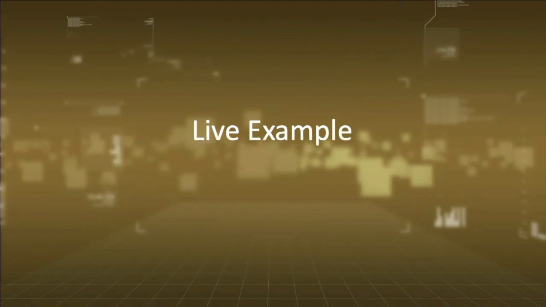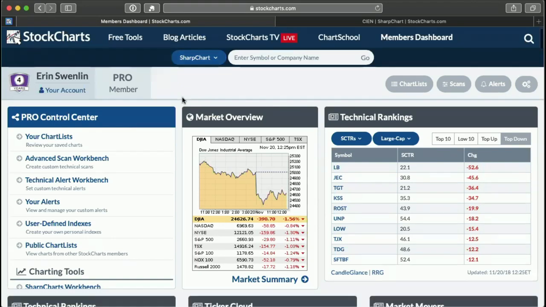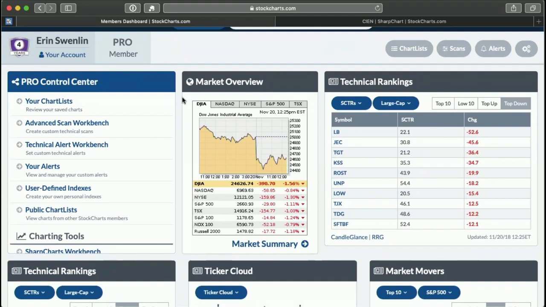I'm going to start us right here at the member homepage. Like I said, we're going to do an example of looking at an index specifically and then looking at the indicators across that index. So what are the different ways we can do that?